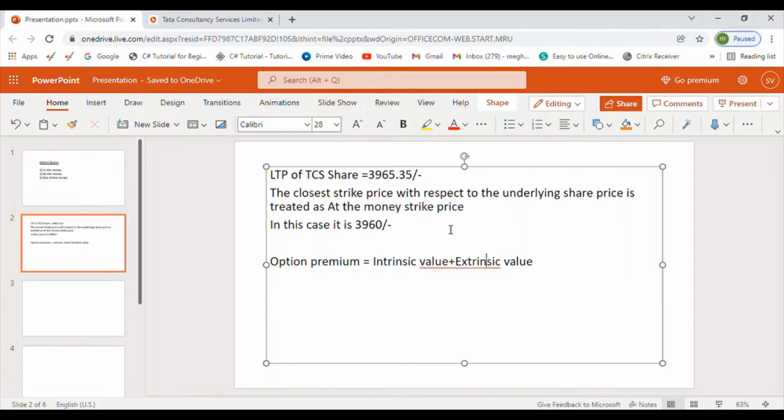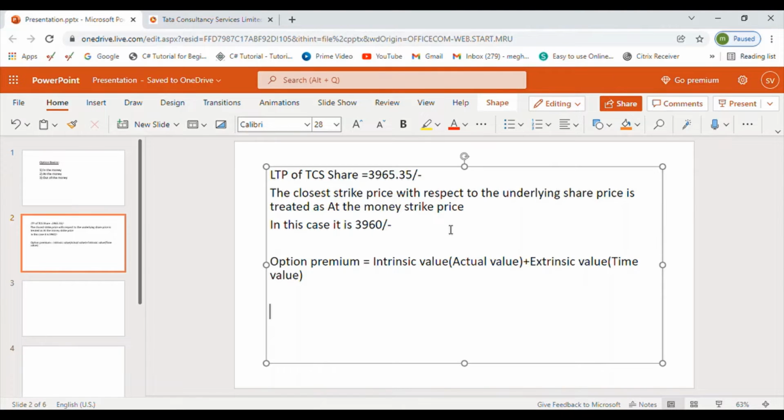The intrinsic value means the actual value, the real value, whereas the extrinsic value means the time value for an option contract.